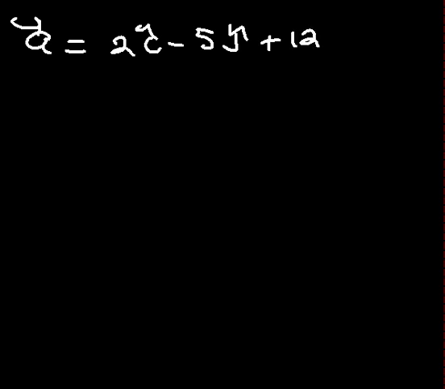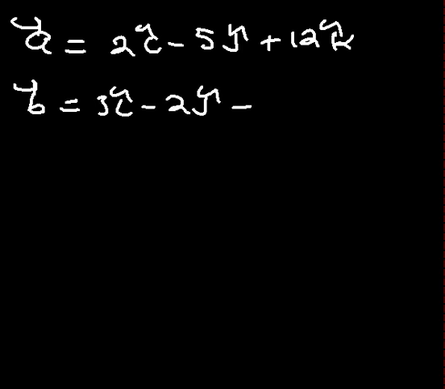So let's say we have a vector A given as 2i minus 5j plus 12k, and we have a vector B given as 3i minus 2j minus 2k.